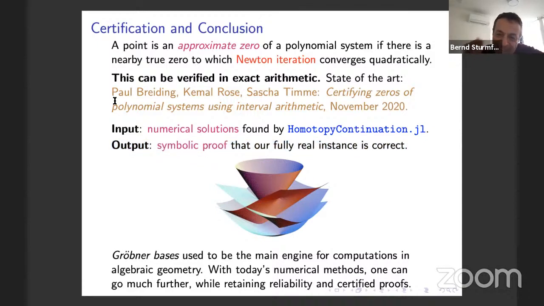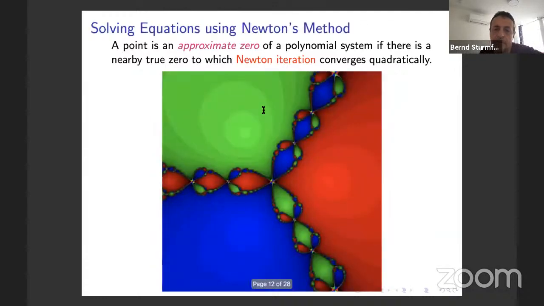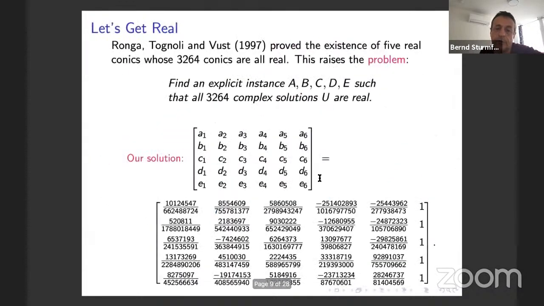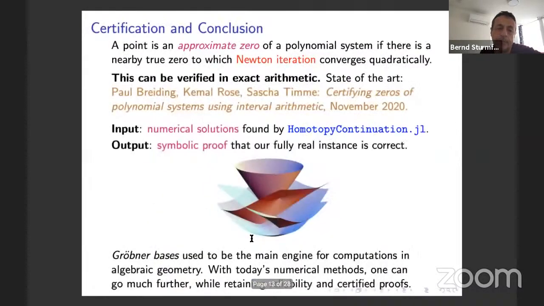You can click an extra button that says certify, and with little extra time, you actually get a proof. So that's how we prove the fully real instance. This is a proof that this is a correct instance, and it's described in the paper. So let me summarize. Gröbner bases for many years used to be the main engine for computing in algebraic geometry. With today's numerical methods, one can go much further while retaining, and this is important, reliability and certified proofs.